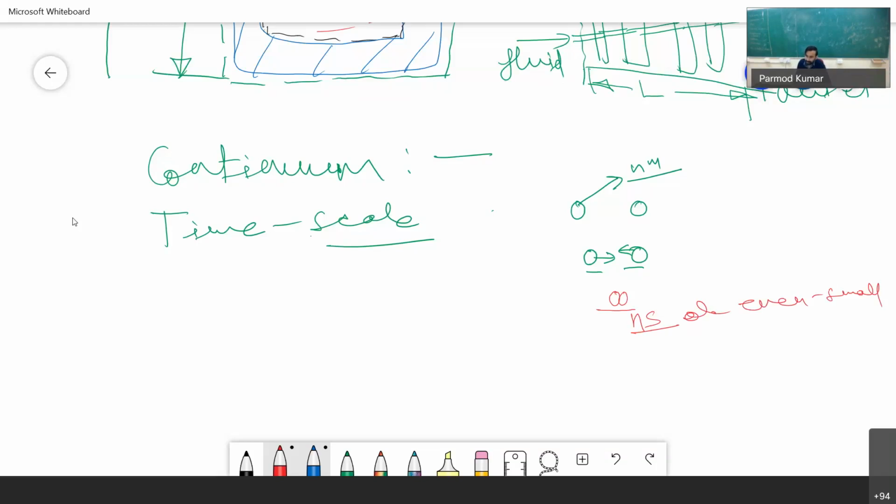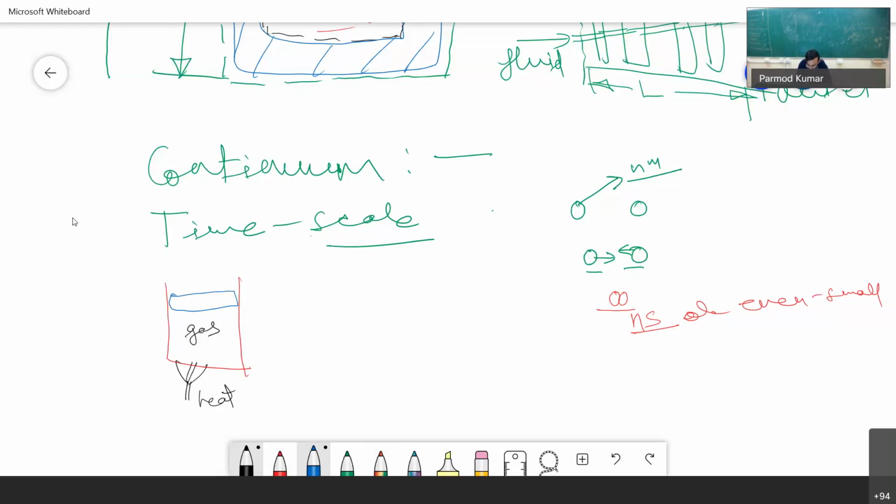So obviously, from a molecular perspective, the change of properties at the molecular level is happening within the time scale of nanoseconds. Now, if we talk about, say, a gas contained inside a piston cylinder arrangement, and we provide heat, obviously because of the heat this gas will be expanding.